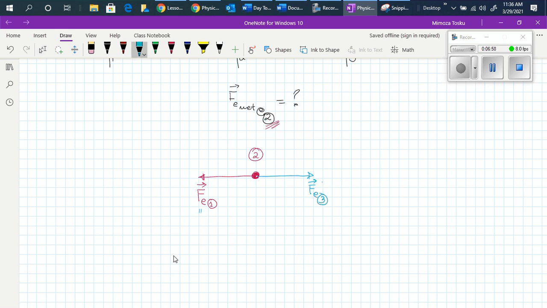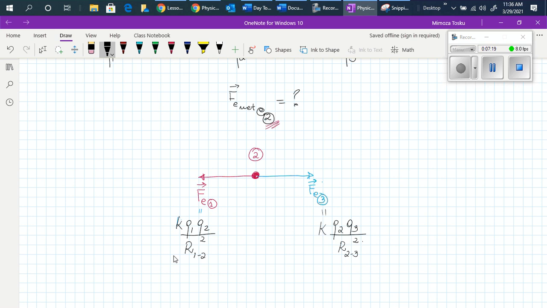So this will be the same as saying K Q1 Q2 over the distance between 1 and 2 squared, and this will be the same as saying K Q2 Q3 over the distance between 2 and 3 squared.